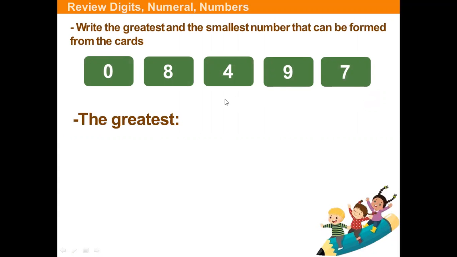I need the greatest. What is the greatest number from these? Very good. We have a 9, it's the greatest digit. After that, we have 8, 7, 4, and the last one, 0.